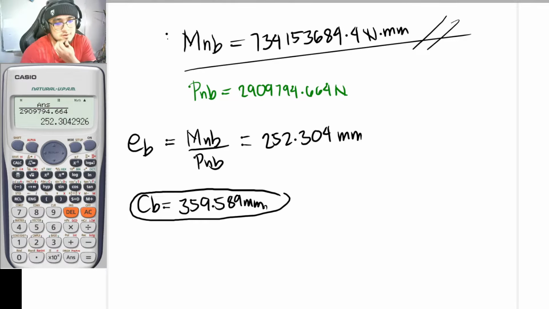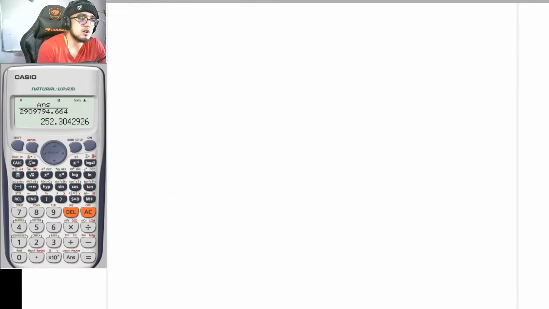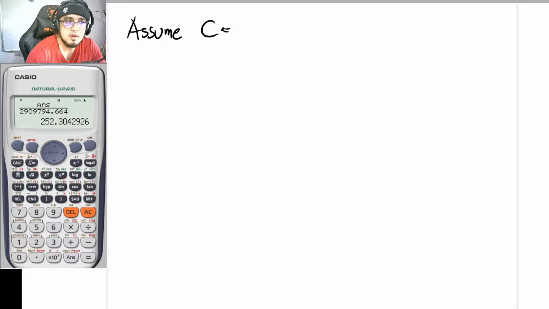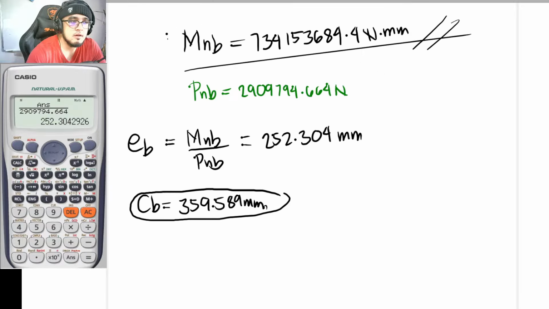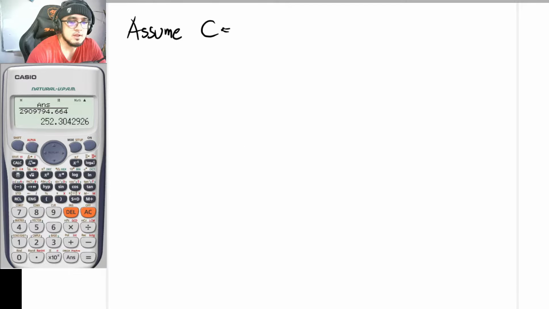Okay, so maybe let us assume that. So assume, let's say c be equal to maybe, let's say 300. So let us assume that c is equal to 300.